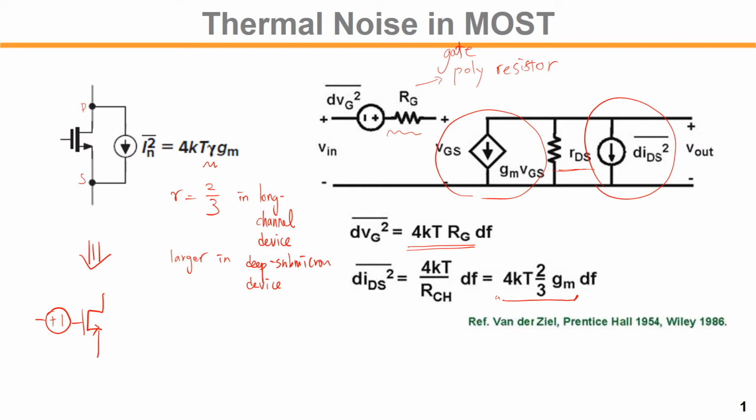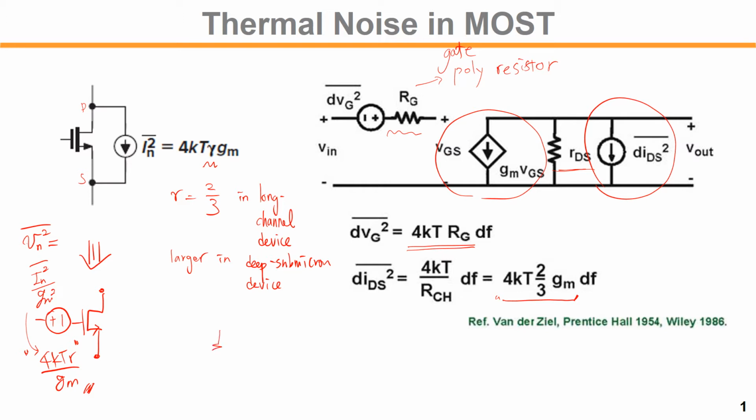We add a noise voltage source to create the same amount of noise. Since we know the transconductance gm, that would be In² over gm². This value is 4kTγ over gm, that is the Vn² expectation. So this is another way of representing MOS thermal noise, either as a current source or a voltage source.